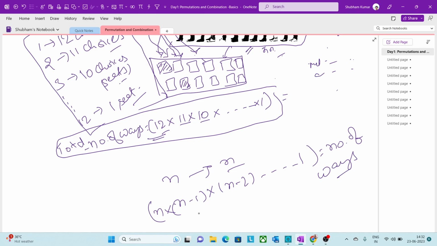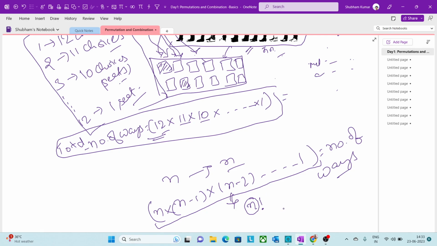In mathematics we focus more on simplifying things. So instead of writing the entire n into n minus 1 into n minus 2 and so on, we simply write this entire product and denote it as factorial of n, a factorial of a variable n.